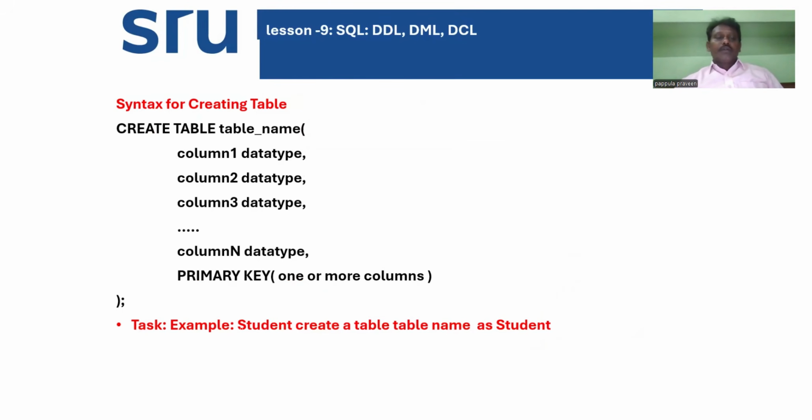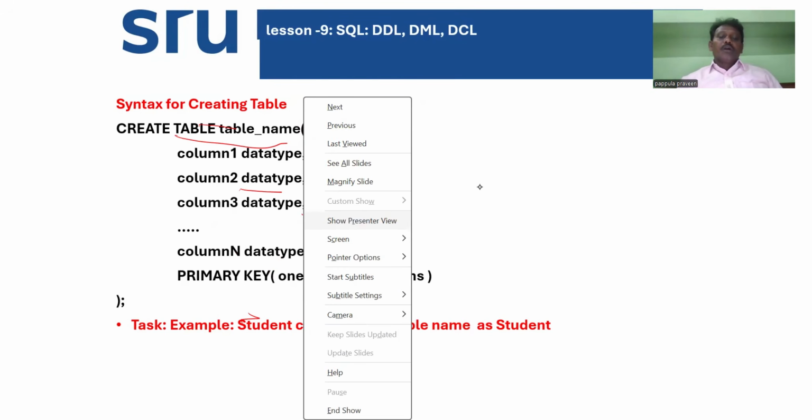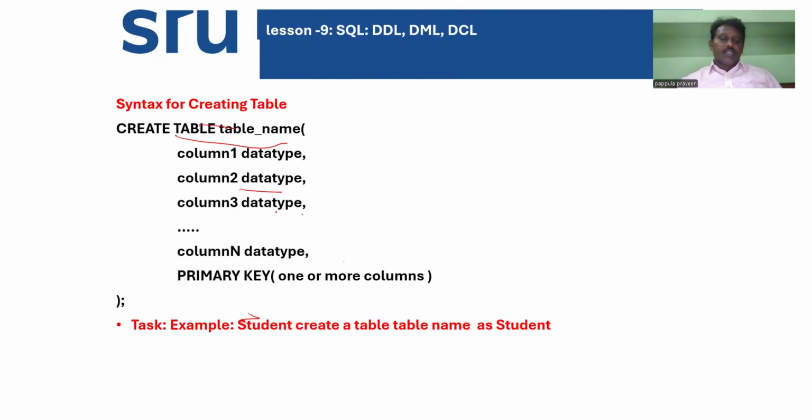So create table, table name. Now column 1 data type, column 2 data type, column 3 data type, up to column n data type. If we want to take any primary key, then primary key on one or more columns. Maximum we have to take one primary key in the table.